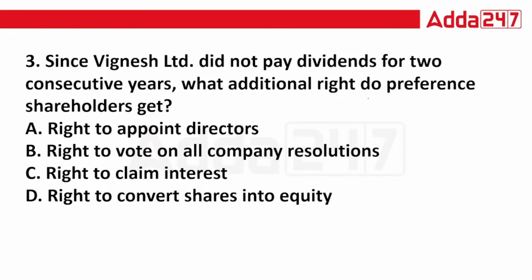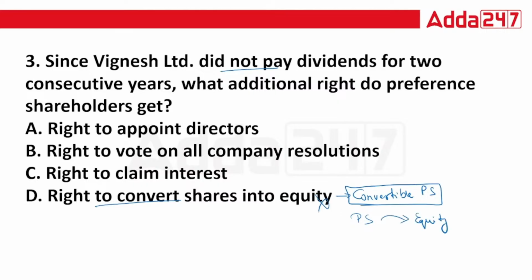See, even if the company didn't pay any dividends, they have the right, if the company issued convertible preference shares, to convert their preference shares into equity. So this is not the point we want in this.